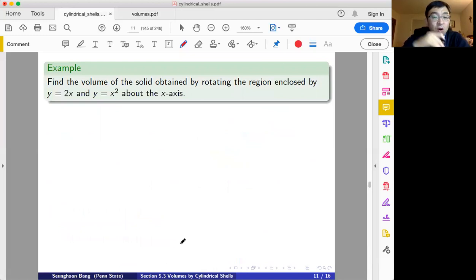Find the volume of the solid obtained by rotating the region enclosed by y equals 2x and y equals x squared about the x-axis. So you can draw the graph. y equals x squared is like this, and we have y equals 2x.